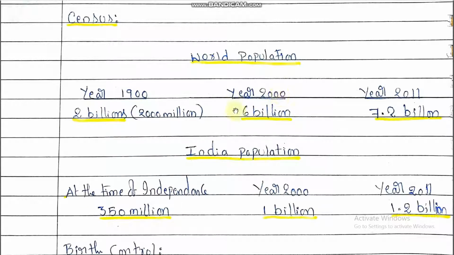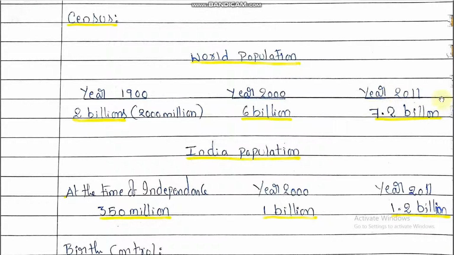So the world population in 1900 was 2 billion. Coming to the year 2000, 6 billion, so 4 billion were added.